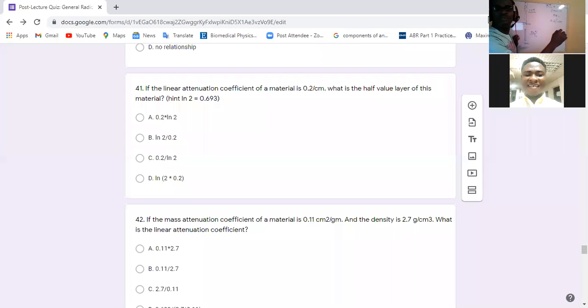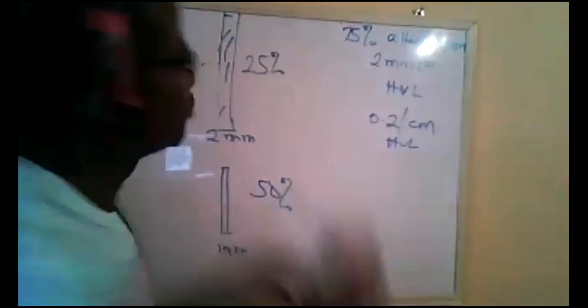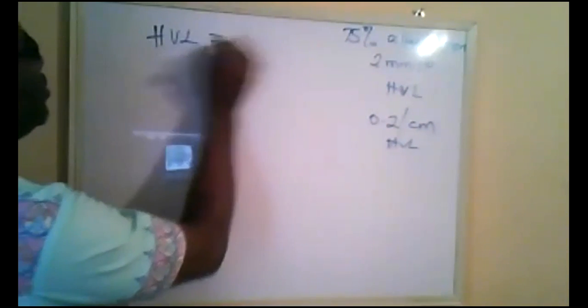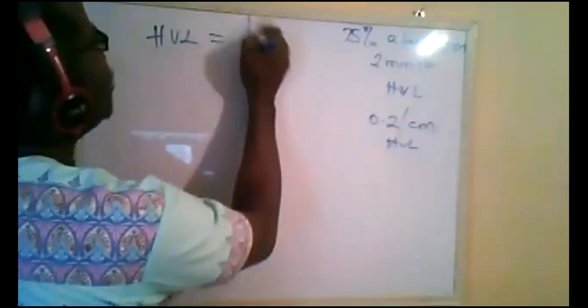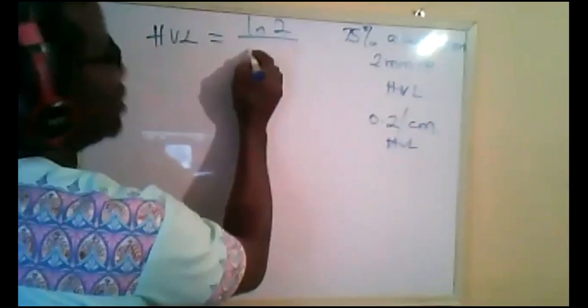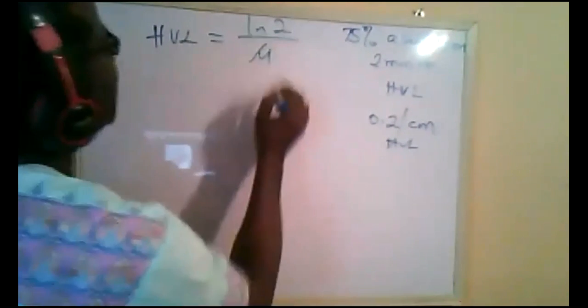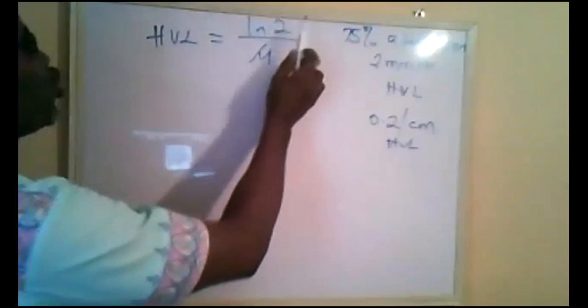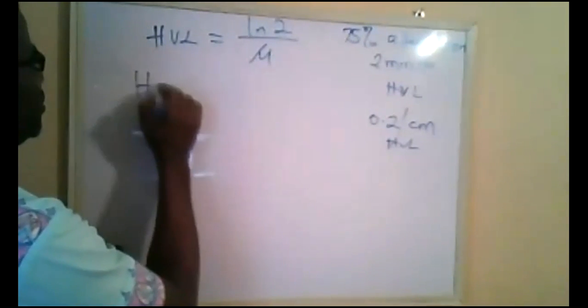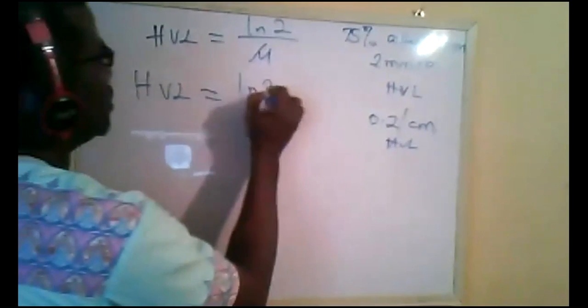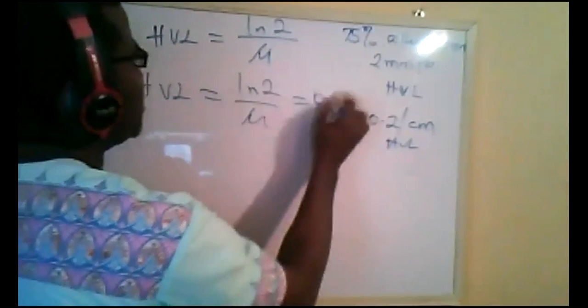Then we have what's the HVL? So HVL is 2 over the linear attenuation coefficient. In 2 is actually 0.693.